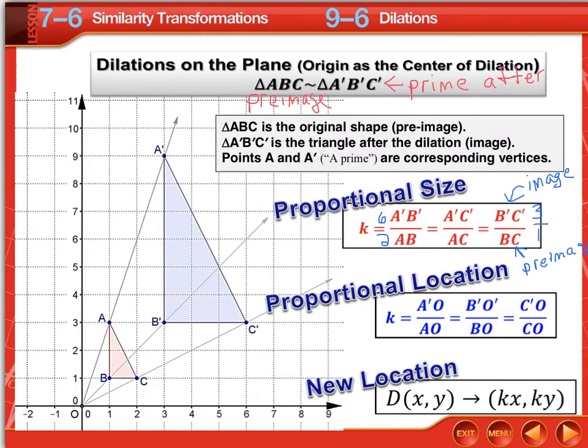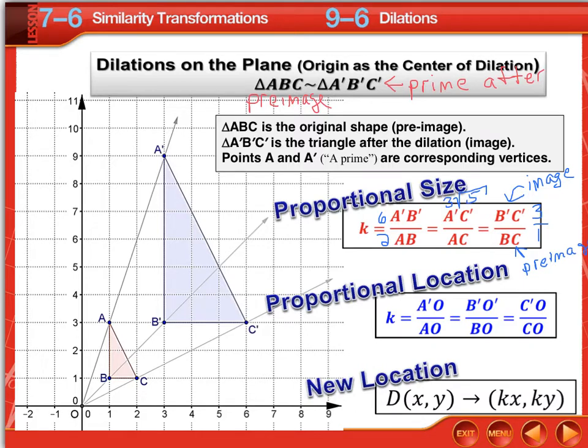And A prime, C prime, well, we could take a look at that using the Pythagorean Theorem. We have a side of 3, a side of 6. 6 squared is 36, and 3 squared is 9, so we have a square root of 45. I'm going to simplify that to 3 square roots of 5.